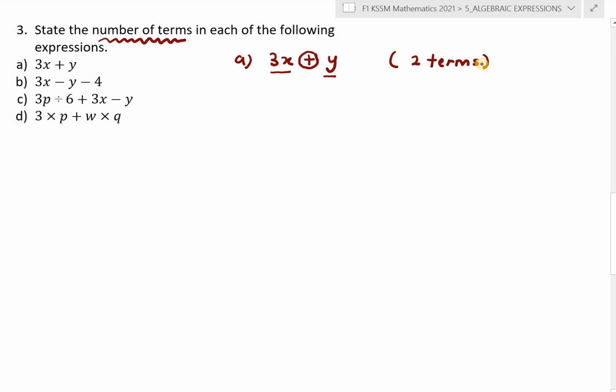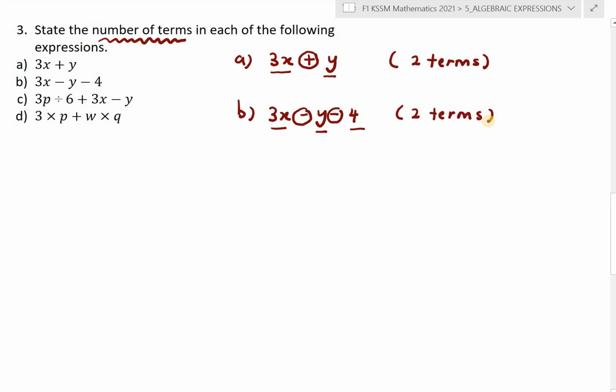No problem. Look at B. We have 3x minus y minus 4. Same goes for this one. It is separated by the minus signs. So this is 1 term, 2 terms and 3 terms. Even though 4 has no unknown, it is still counted as a term. Even without an unknown, as a plain number, it is still a term.